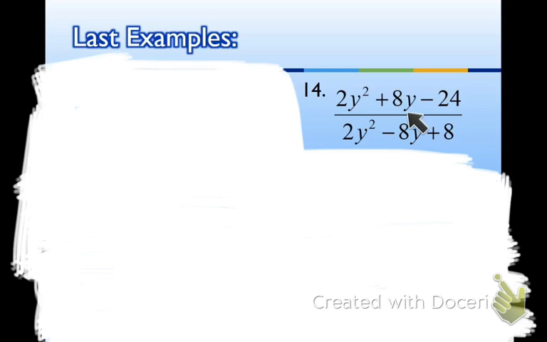So on your notes, if your variable on your 8 does not match, go ahead and make it a y so that all of our variables are y's. Now, in both the numerator and the denominator, what should we be looking for before we get started? A GCF. And do we have one? Yes, we've got a GCF of a 2 in both the numerator and in the denominator.